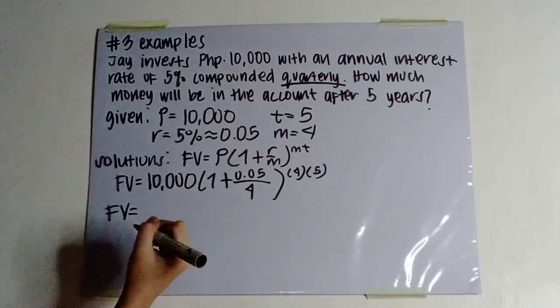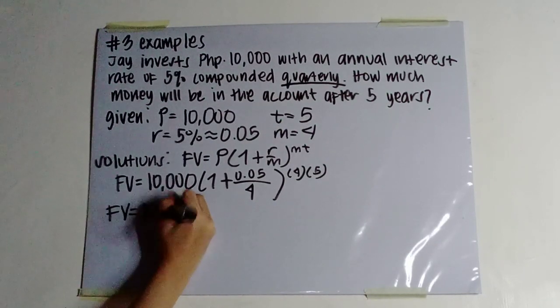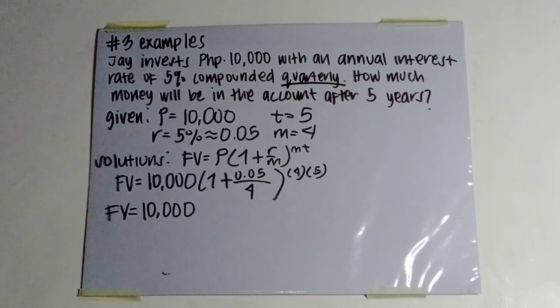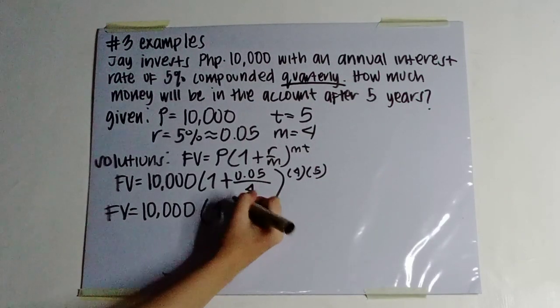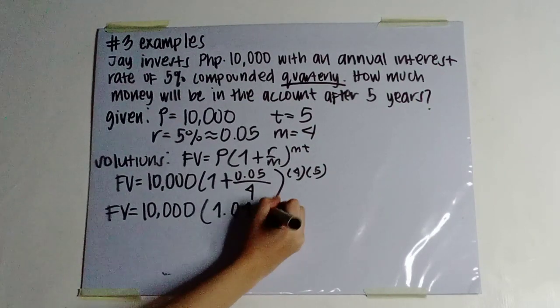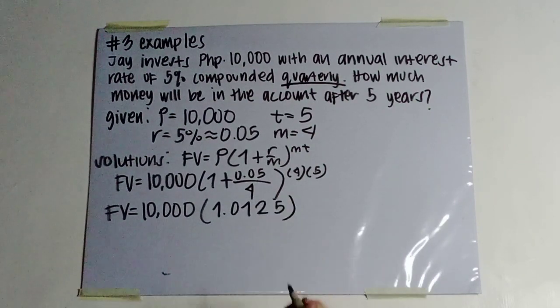FV is equal to 10,000 times 1 plus 0.05 divided by 4, which is 1.0125.